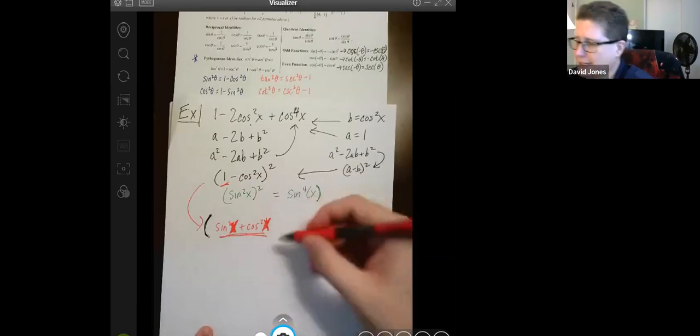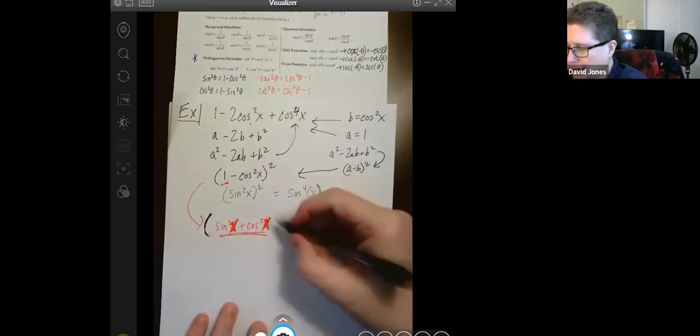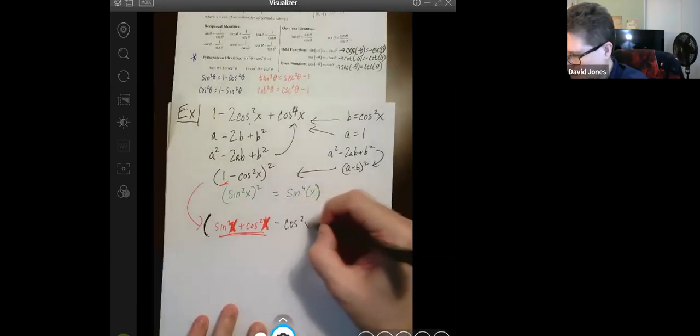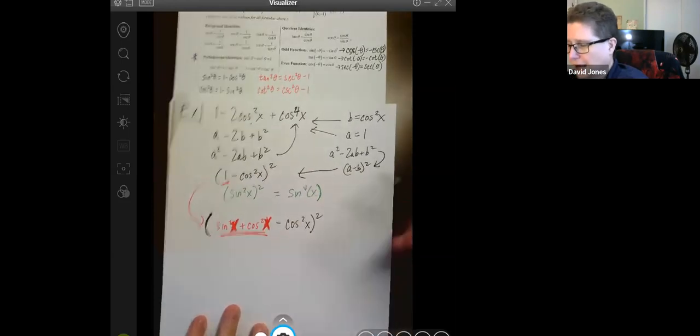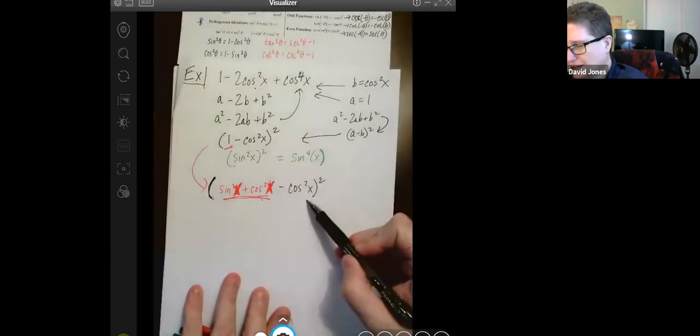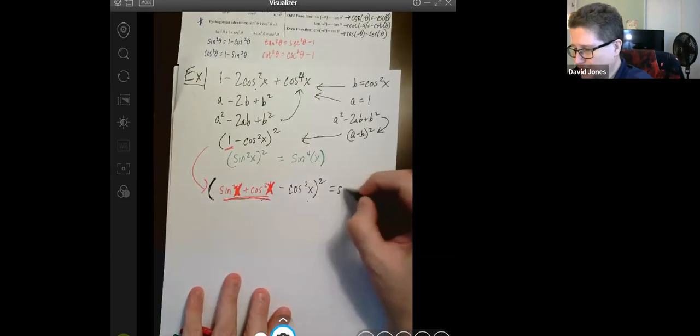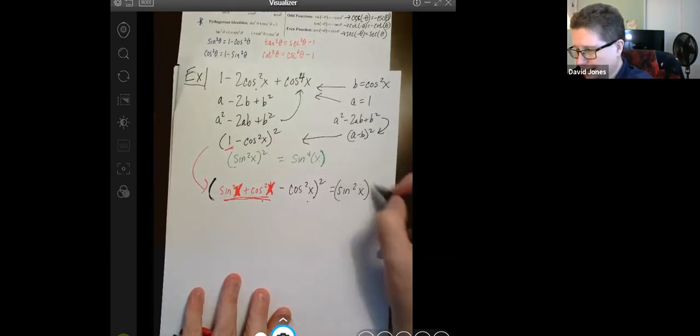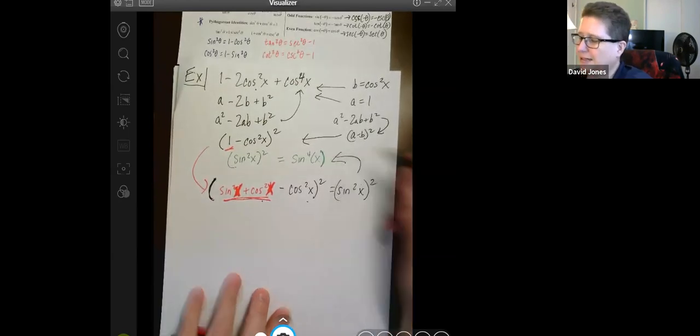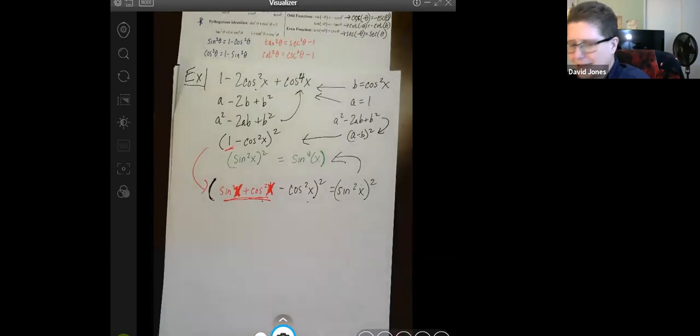Those are what I'm replacing. I still have the minus cosine squared x, squared. And now cosine squared x minus cosine squared x is just sine squared x. And we've got the square on the outside. That's the less likely route to do it, but sometimes people do it.